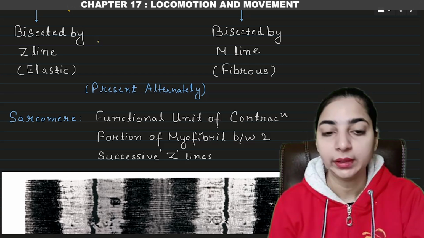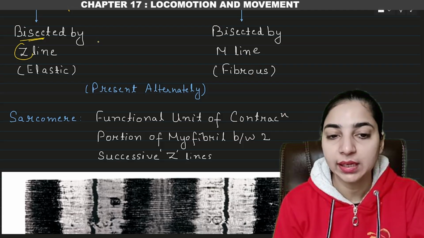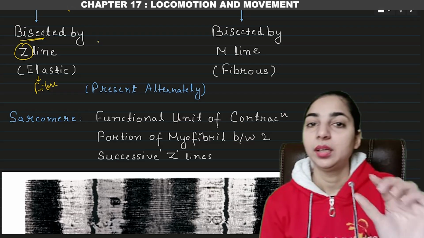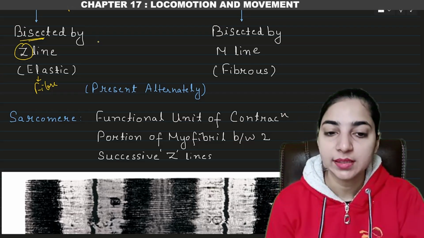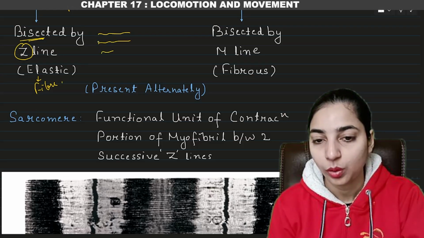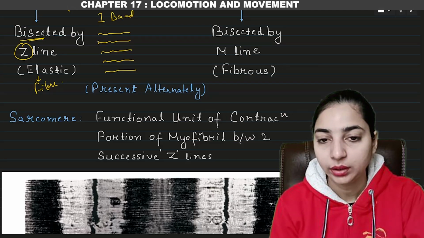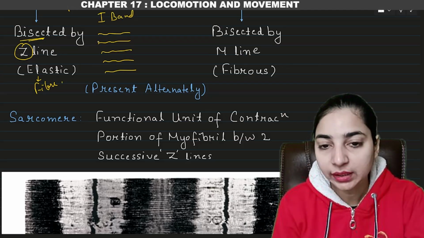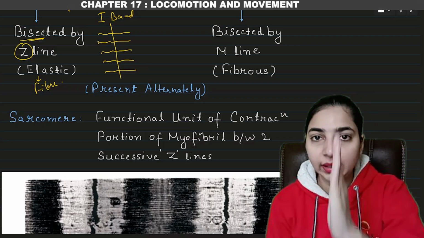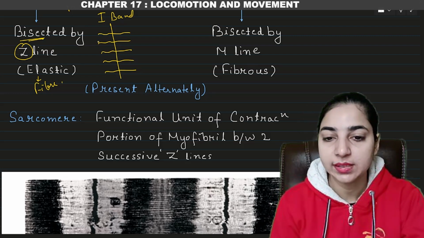You have to remember that the light band, or the actin filaments, are bisected by the Z line. Z lines are thin elastic fibers. Suppose this is the actin, the thin filaments, or the I band. In between this band you will see a thin straight line that divides the band into two equal parts. That is known as the Z line.